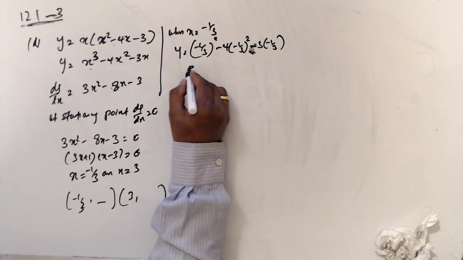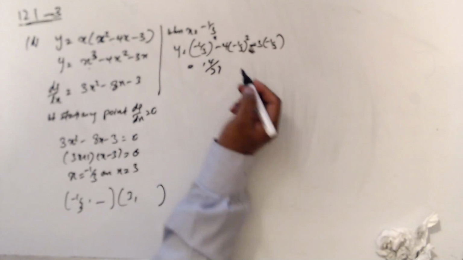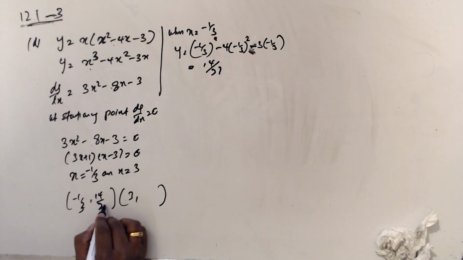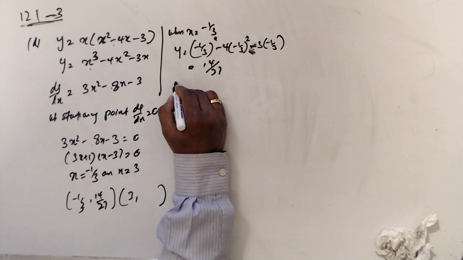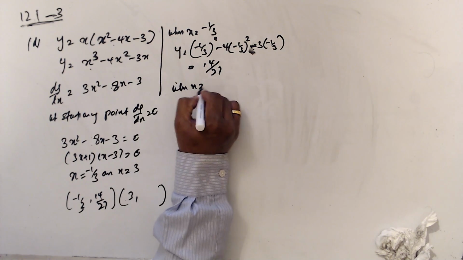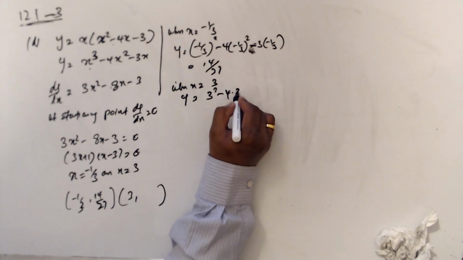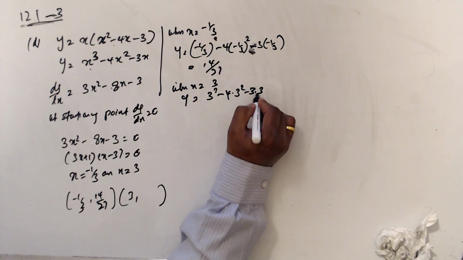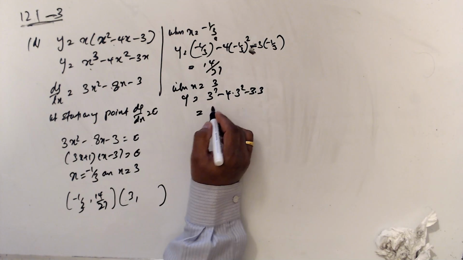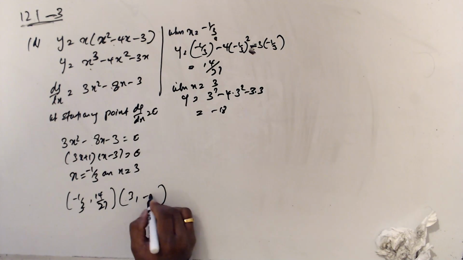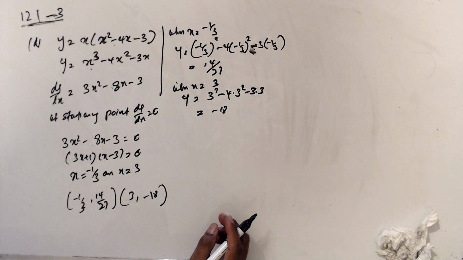When you simplify, you will get 14 over 27. And when x equal 3, y equal 3 cube minus 4 times 3 square minus 3 times 3. So this is going to be minus 18.